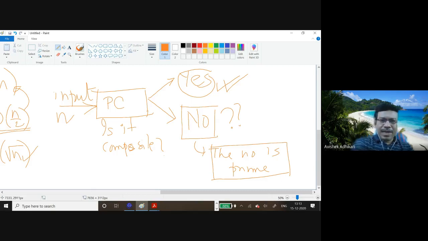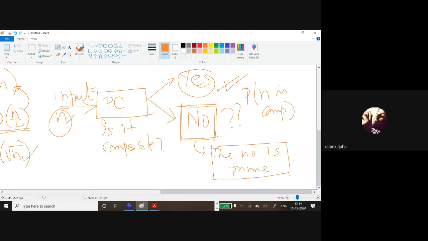The number n is actually composite, but by mistake your algorithm gives you no, the number is not composite, meaning prime. But if you have some confidence in terms of probability, that is the error probability. What is the error probability? The number n is composite, so that is the error.